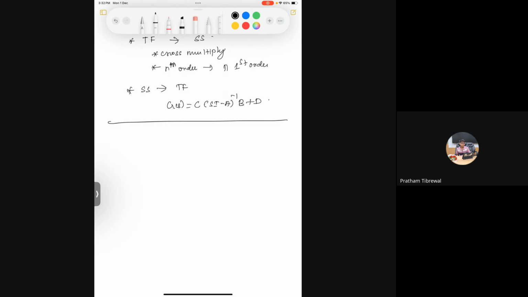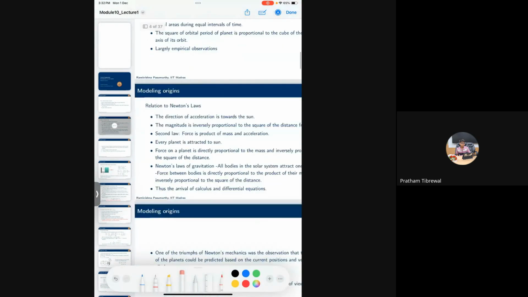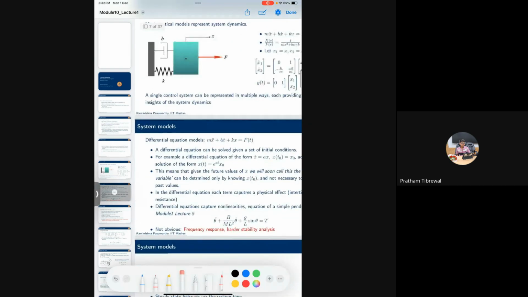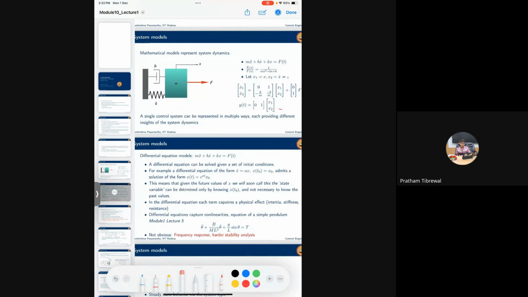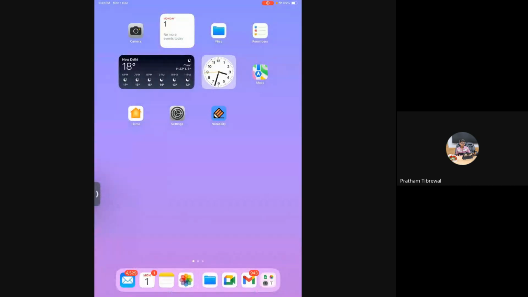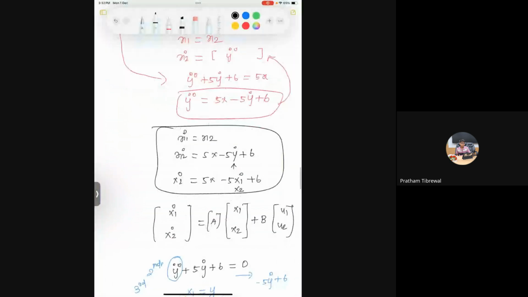Right. The next thing that we left is the system model. Okay, we can take this example of system modeling we did for transfer function. Then we will do the same as a practice now. Okay, m x double dot, b x dot plus.